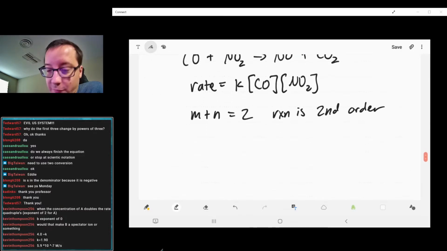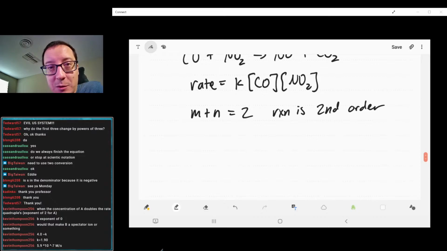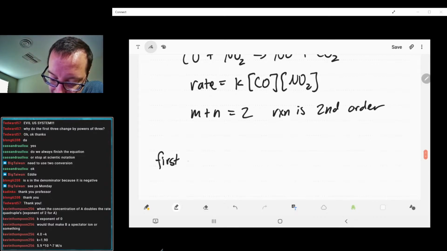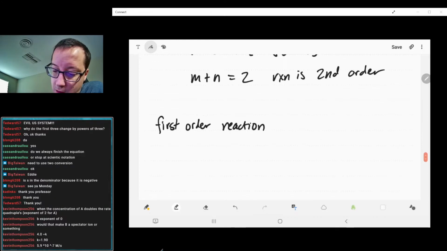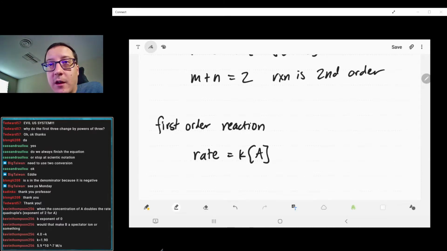So if we want to look at, for example, a first order reaction, we know that that would be the rate law for a generic first order reaction.